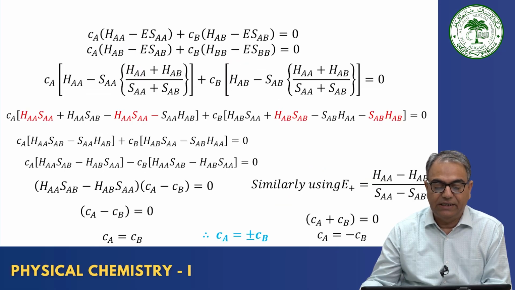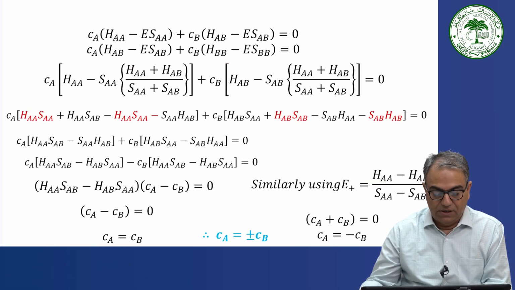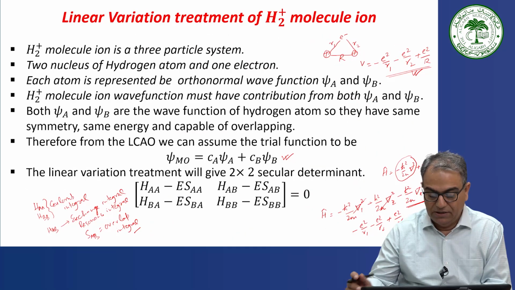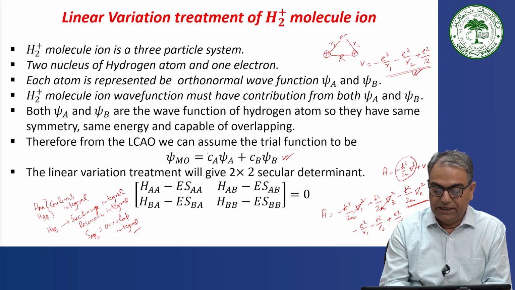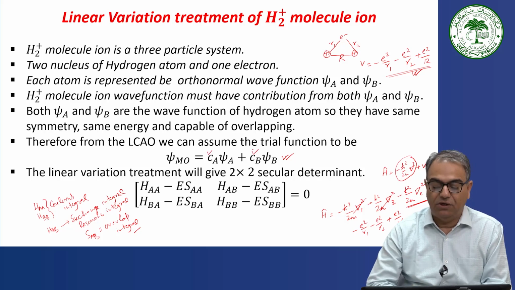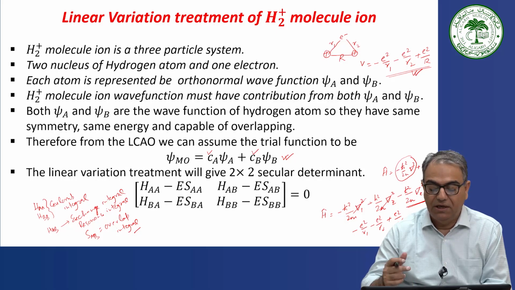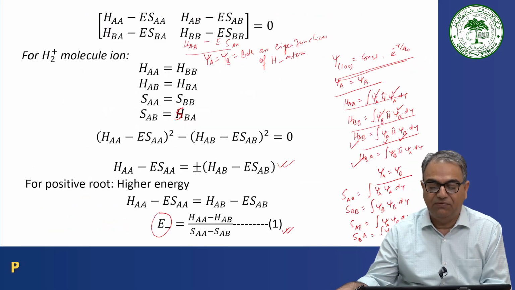So if you calculate the delta E value, even before that, we want to find out in the original equation that Ca and Cb are the coefficients of psi A and psi B, which tell you how much is the contribution of the psi A function and how much is the contribution of the psi B function.